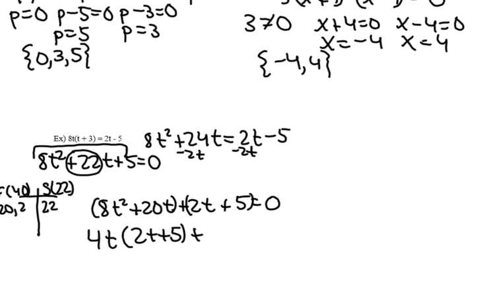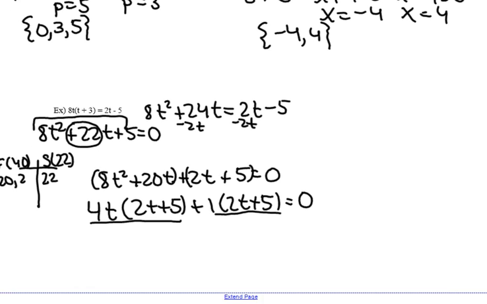I'm going to put a plus 1 and rewrite 2t plus 5. Both terms contain the binomial 2t plus 5, so I can factor out 2t plus 5 from both, and my other factor is 4t plus 1.